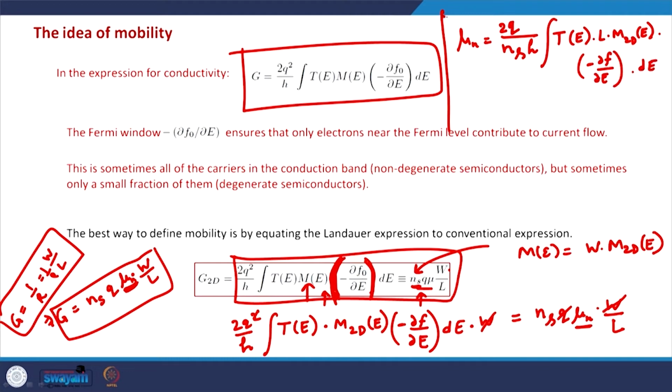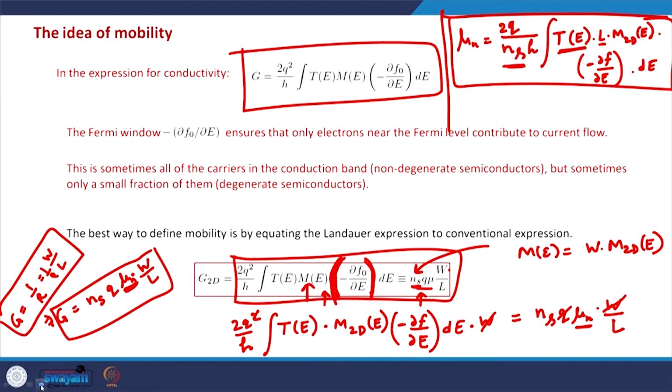So this is essentially how we can write down the mobility of electrons in a 2D conductor. We need to know the sheet carrier charge density, and we need to know the length, since it is dependent on the length. If T(E) is independent of the length. But if T(E) is also dependent on the length, they may cancel out, as we will see shortly.